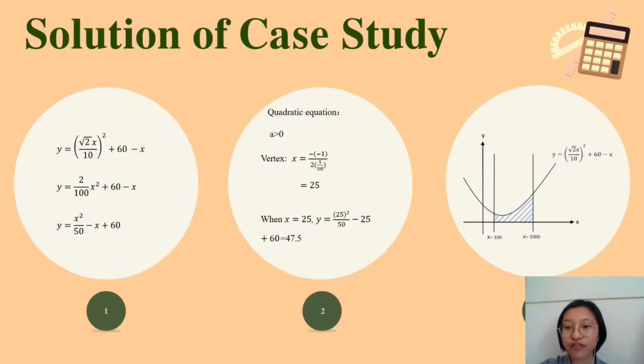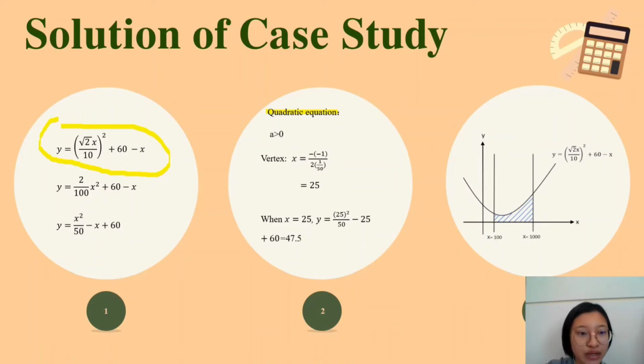So for the solution of case study, first, we know that we have a function here, which is y equal to open bracket square root of 2 times x over 10 close bracket square plus 60 minus x. And as you can see, this is a quadratic equation. But first, we need to square all the numbers inside the bracket.